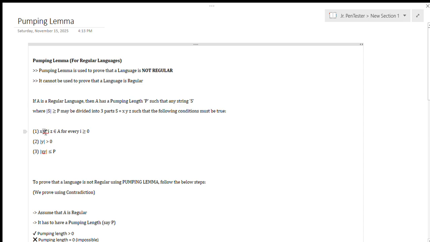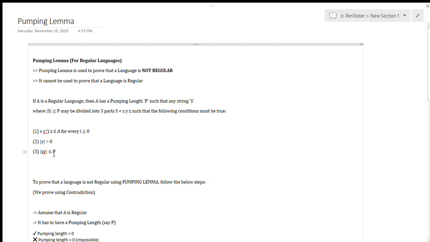What that means is that when we divide our string into X, Y, and Z, we need to select at least one character for Y. Our Y cannot be an empty string, it needs to have at least one character.